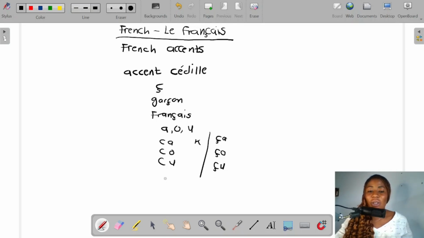When there is no accent attached to the letter C, on a normal note you're supposed to say K because it takes the sound of a K. But when the accent comes below the letter C and it is placed before the vowel A, it is pronounced as S. It takes the sound of an S. It does not take the sound of K again. Same applies when it comes before O and U.